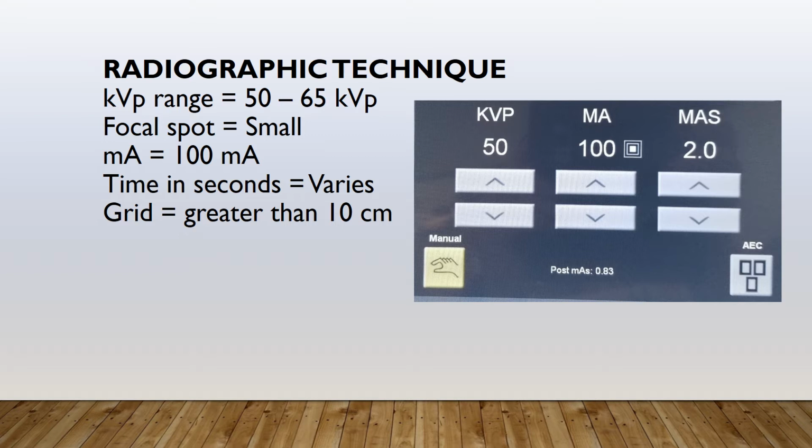For example, if I had a very large gentleman in and he had a very large knee that was bigger than 10 centimeters, then I would select a grid, which means I need to go above 65 kVp. I need to go into the 70 to 80 kVp range for a grid. I'm also going to place that grid into the Bucky tray. So anybody that measures more than 10 centimeters is going to have a grid for their x-ray that has been ordered.